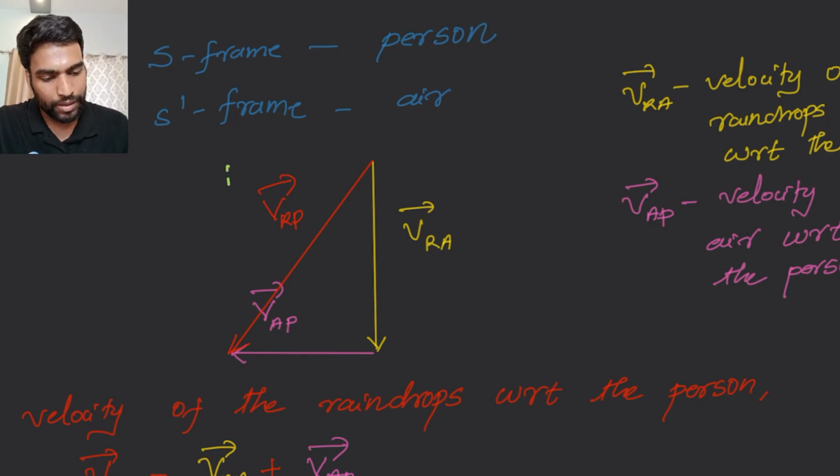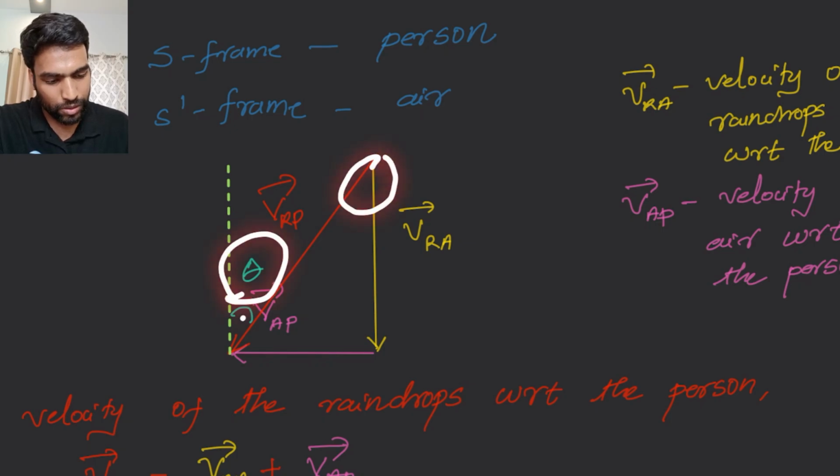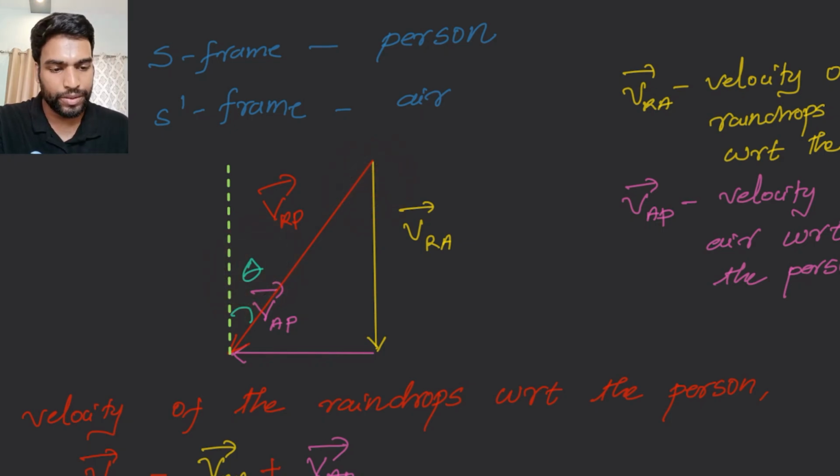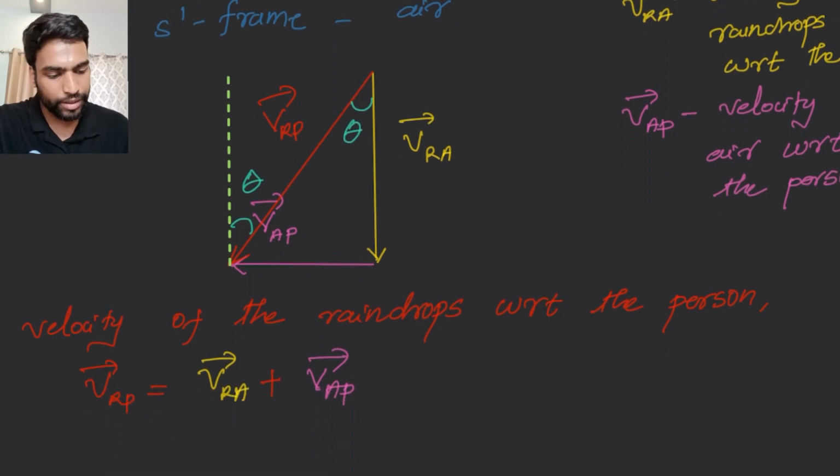So that angle with respect to vertical will be nothing but theta here. That theta will be the theta here also, right? Since this is theta, this also must be theta, the opposite angles, right? So let me denote this angle as theta.